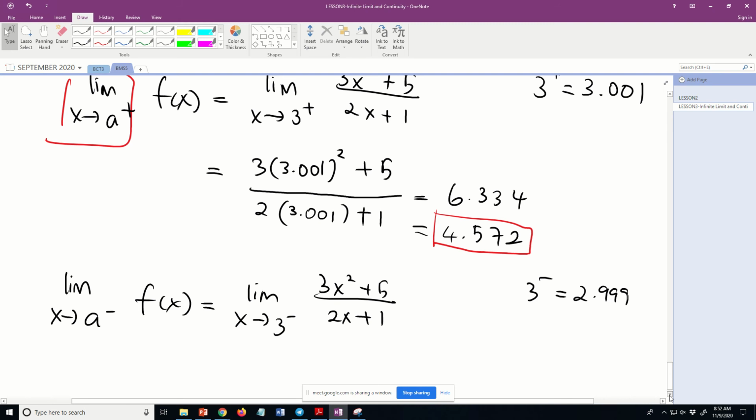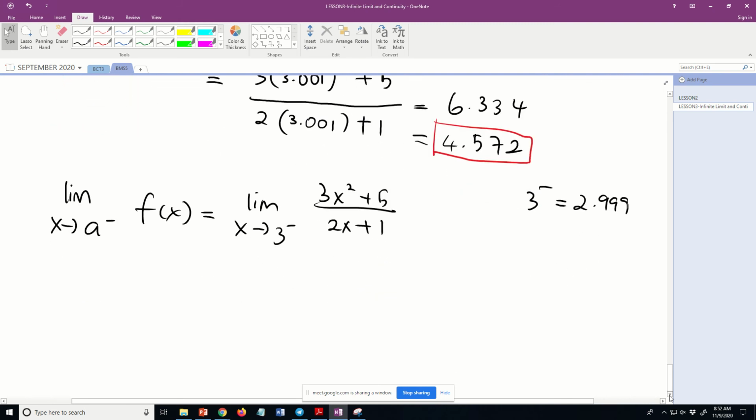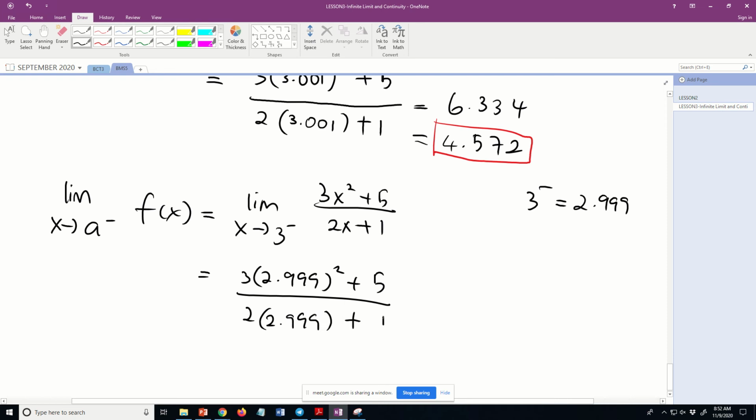So when you do substitution, you get 3 times 2.999 squared plus 5 over 2 times 2.999 plus 1. Okay, 570.